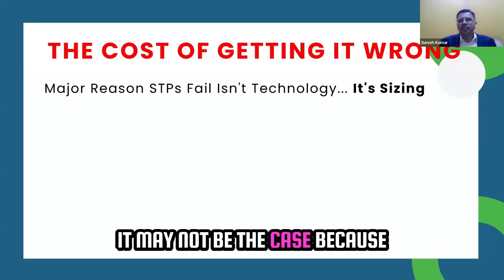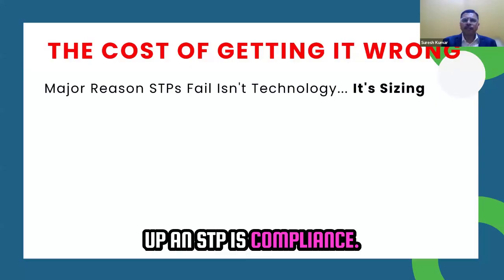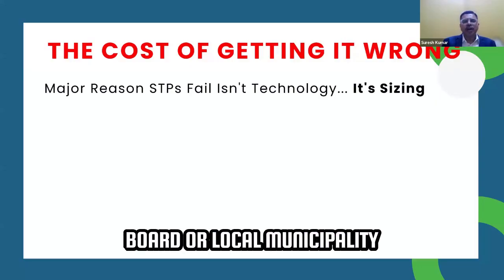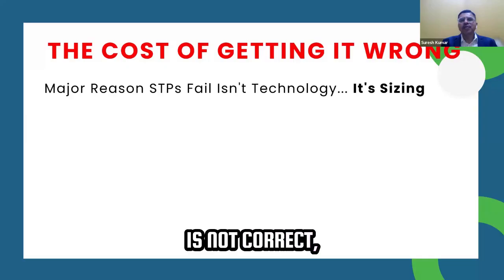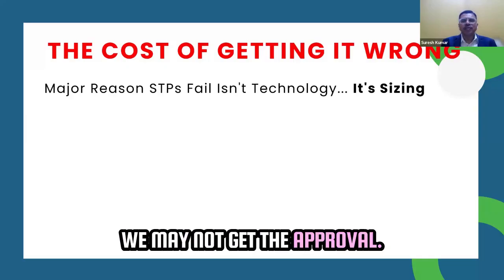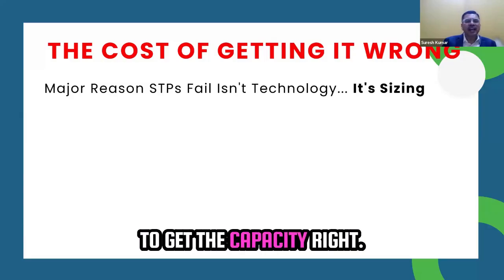It may not be the case, because the reason why we set up an STP is compliance. We need to get permission from the Pollution Control Board or the local municipality or both of them. If the capacity calculation is not correct, we may not get the approval. So this is the number one reason why we need to get the capacity right.